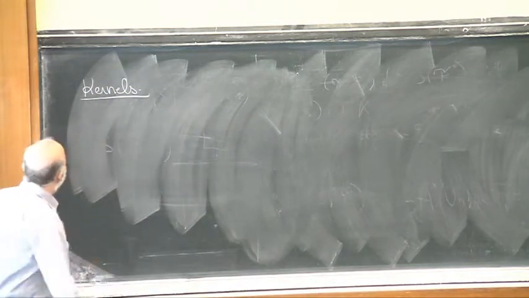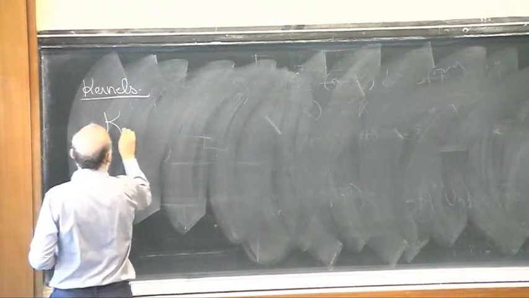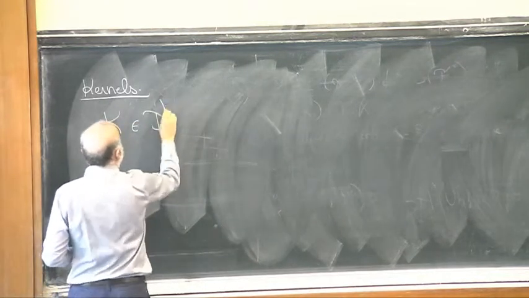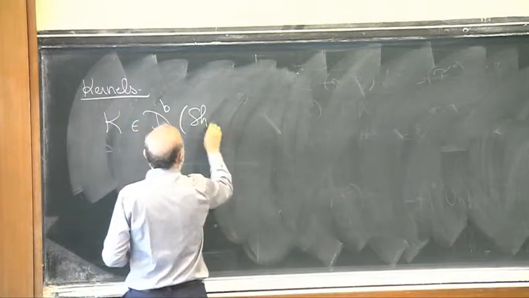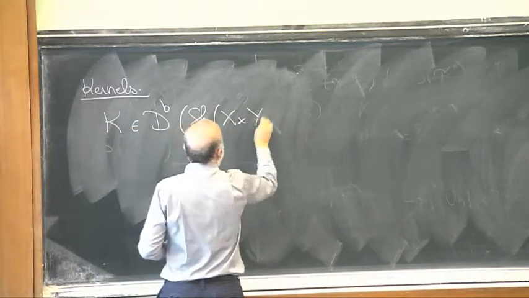So the idea is the idea of a kernel, and the kernel is what? It's some element K in some derived category of sheaves over x times y.